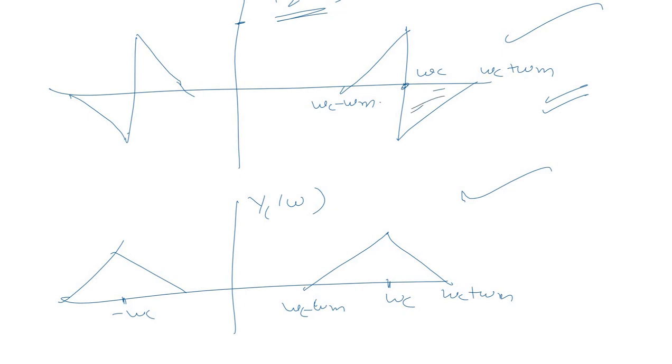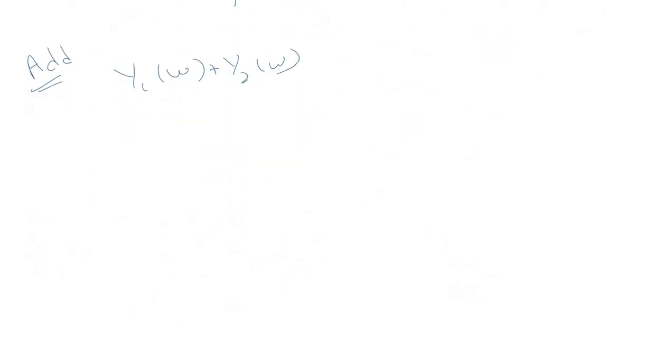This upper side band is negative and this is positive, and they are equal and opposite, so this will cancel out, right? We are left with twice the lower side band, a scaled version of the lower side band, similarly on the negative part of the frequency.